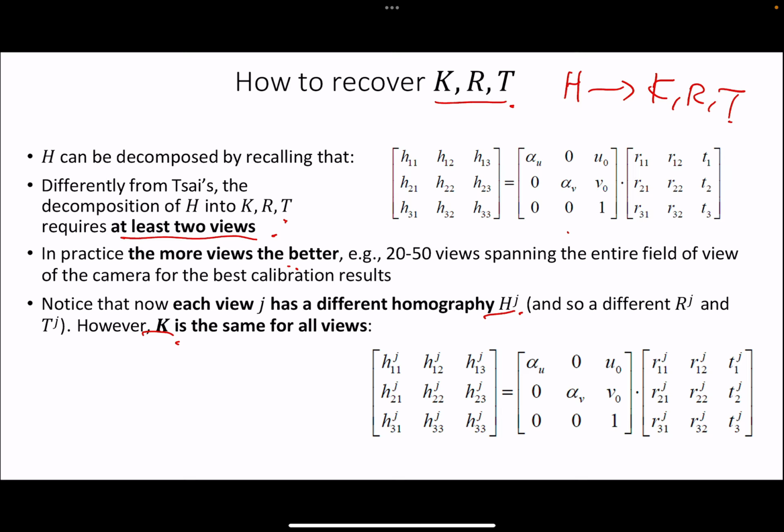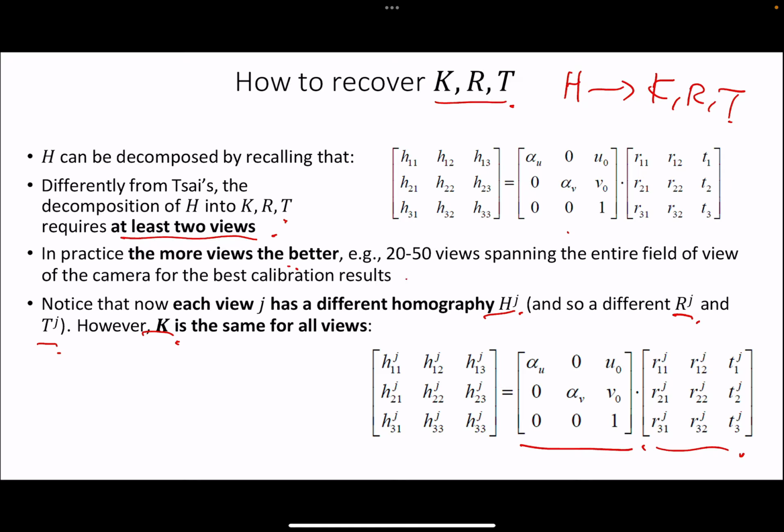H could be different because if we change the viewpoint of the checkerboard, that is equivalent to changing the camera R and T, assuming we are standing in front of the camera. So for each viewpoint, we have a different Hj, so different Rj and Tj. However, K is the same: constant intrinsic, but different extrinsic.